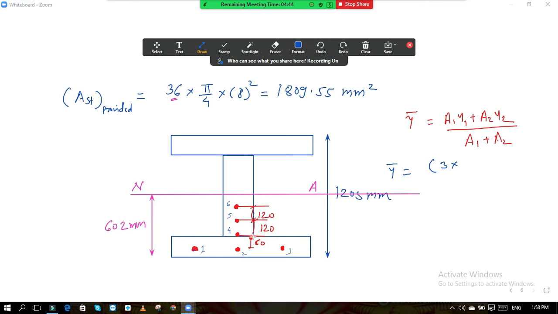So it will be 60 plus 120 plus 120, or this is 602 minus 60. Okay, it is 542. Okay, plus now this bar which is at fourth number. What is its spacing?